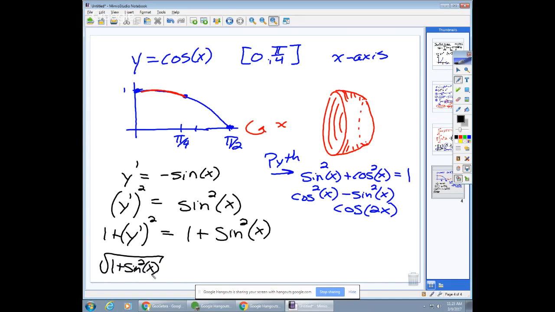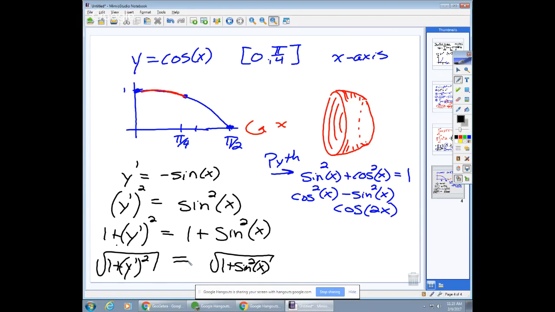Oops, I wrote that in the wrong spot. Let's move you over. You go there. All right, so now I'm ready to stick it in the whole integral and see if anything nice happens.